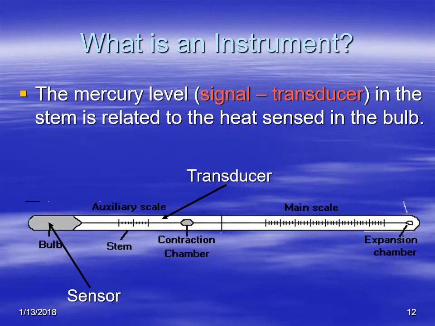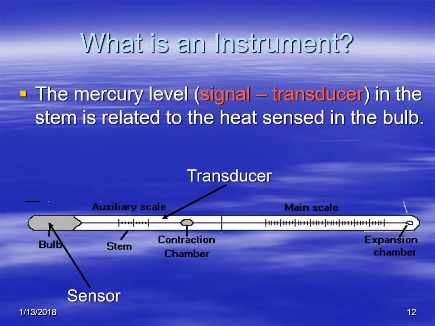And you can think of the transducer as the mercury or perhaps alcohol in the capillary. So in other words, the bulb, the sensor, measures all these molecules bouncing against it. That results in the liquid that's in the bulb expanding. It fills up that small little capillary.